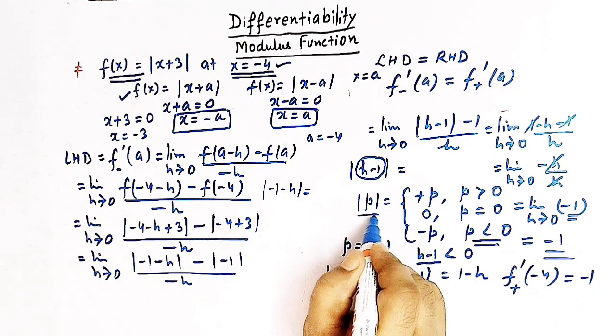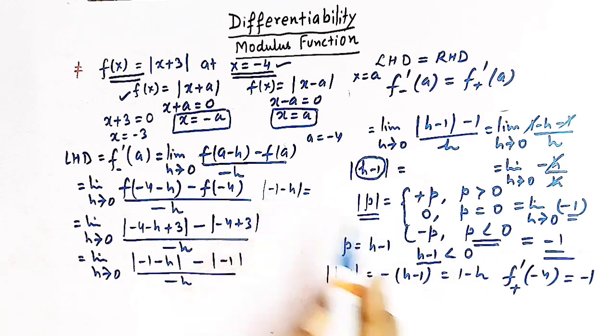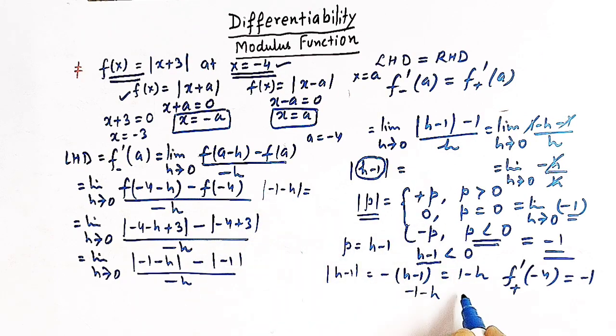So again we'll make use of this definition of the mod function. So minus 1 minus h is again less than 0, right? Because here we have a negative sign, here also we have a negative sign, and h is a positive quantity, right? H is infinitesimally very small, but it is greater than 0.